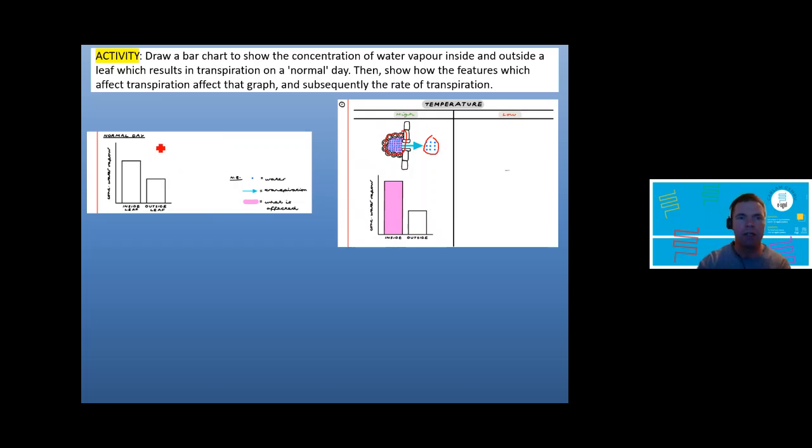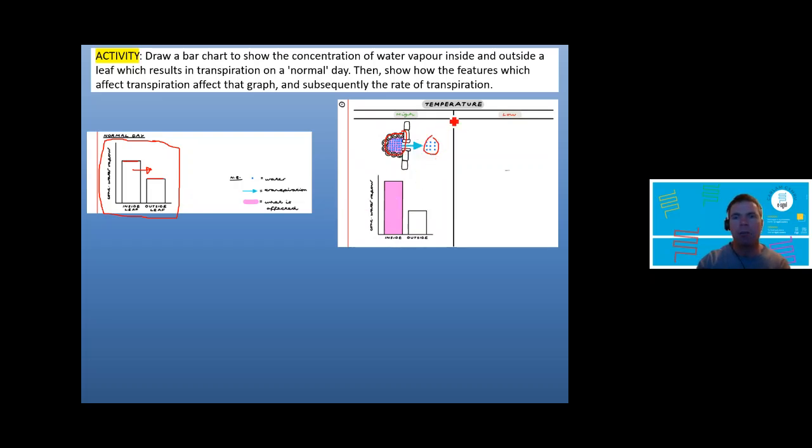Now, if you come over to this side, this is like our starting point, our normal situation, where you can see inside the leaf I've got more water vapor molecules than outside the leaf. As a consequence, we're going to get a movement of water vapor from inside the leaf to outside the leaf.